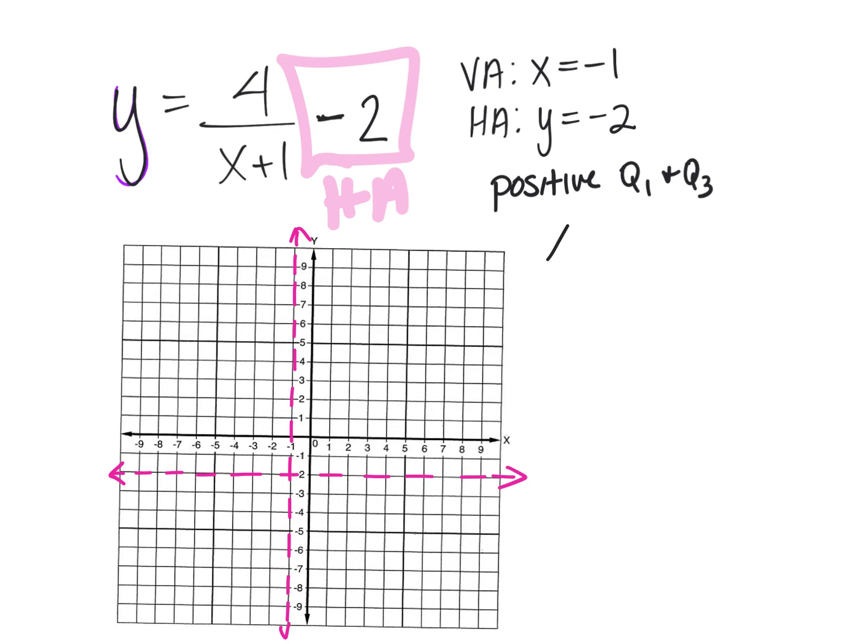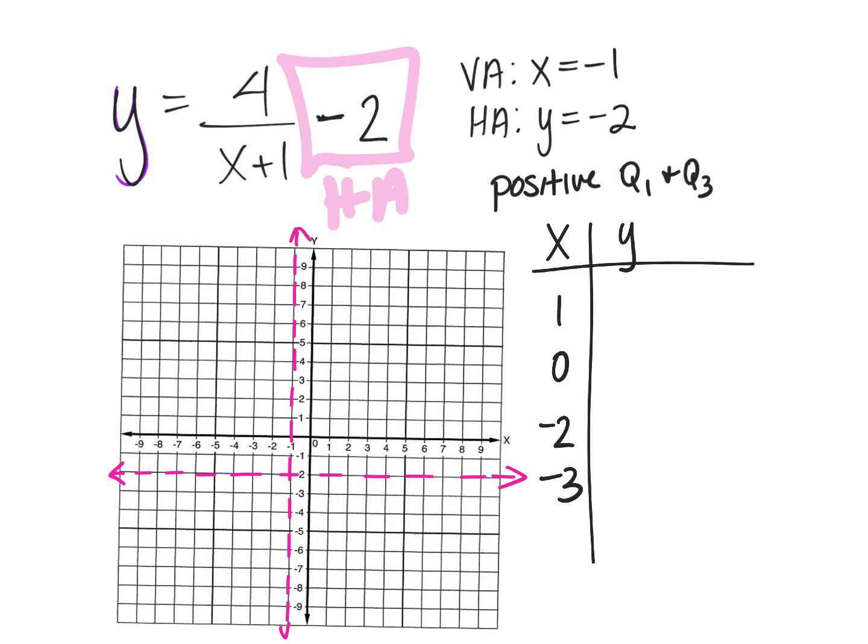And we'll make a table. What numbers do you want to choose? Two numbers bigger than our vertical asymptote. Yeah, 0 and 1, and then negative 2 and negative 3.